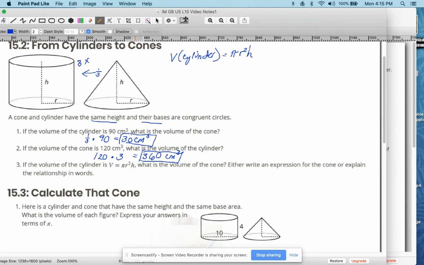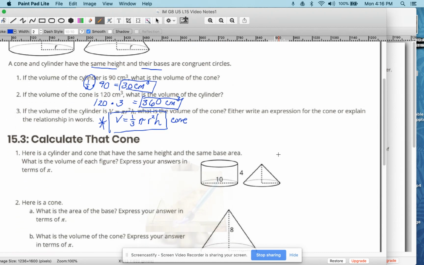Well, we did that up here. We know the cone is 1/3 of the volume of a cylinder. So the volume of a cone would be 1/3 times pi times the radius squared times the height. So this is the volume of a cone, and I want you to star it, circle it, make note of it, put it in your brain because that's what you're going to need to use for the rest of this lesson and for some lessons coming up.